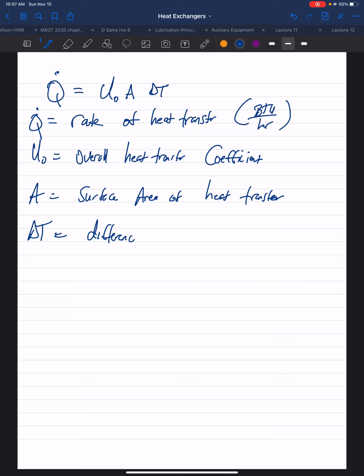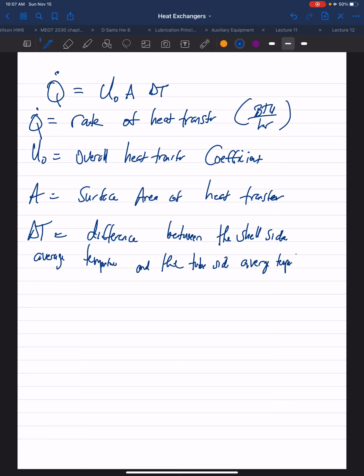in this case, is the difference between, always specify what you mean by delta T. In this case, delta T is the difference between the shell side average temperature and the tube side average temperature.